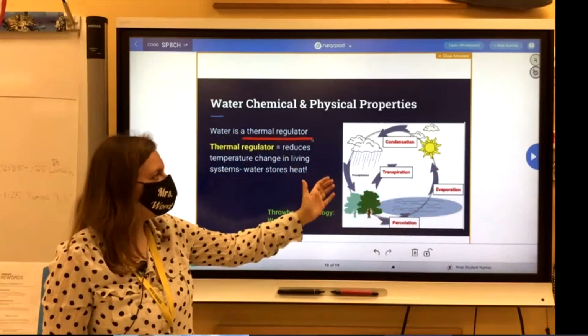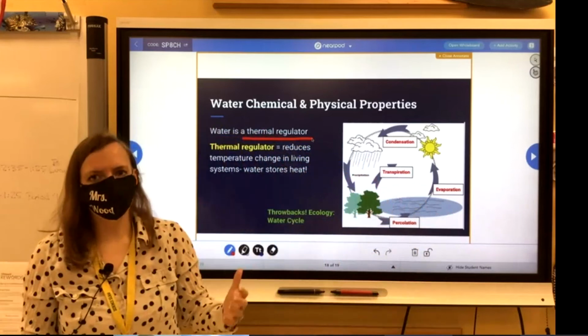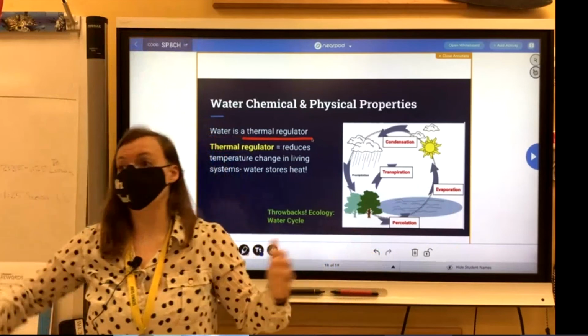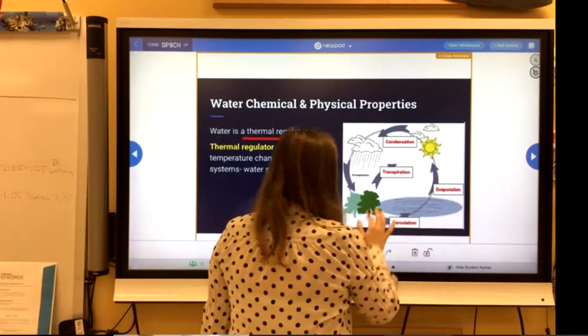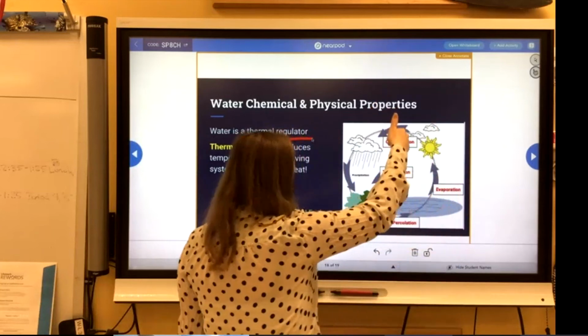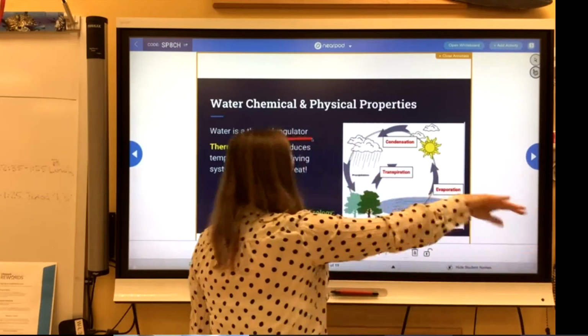We studied the water cycle in ecology. All right. And remember, water is able to move all around, cycle through an ecosystem. Here we've got, say, this lake. We've got evaporation, condensation, precipitation, transpiration, percolation, so many.